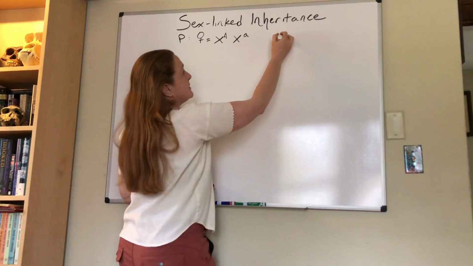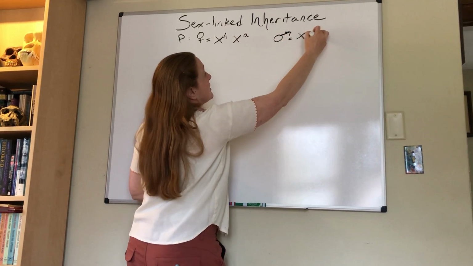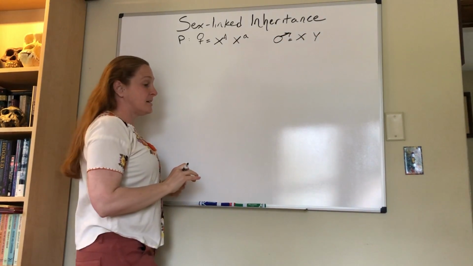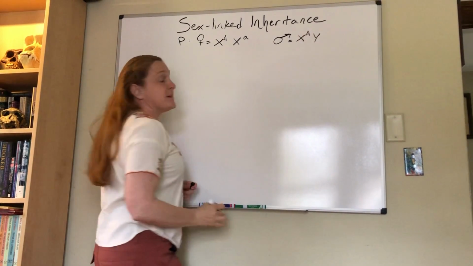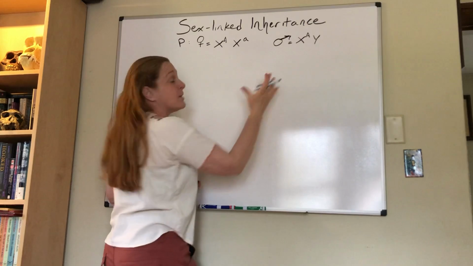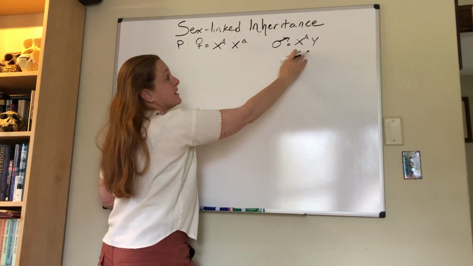This female is going to mate with a male. The male's sex chromosomes are X and Y, and this male happens to be hemizygous dominant. We have to use that term hemizygous because the sex chromosomes for the male are not the same.